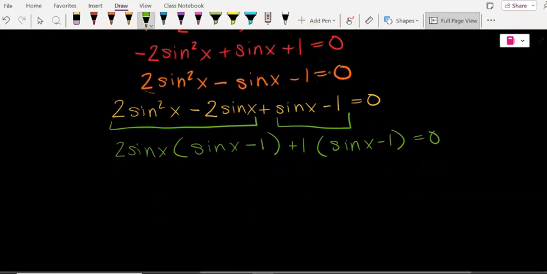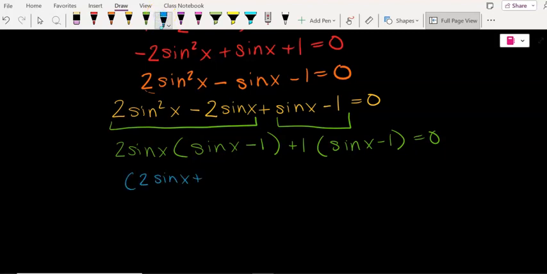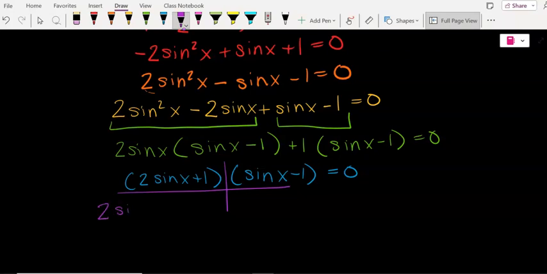So now I've factored by grouping, and I've got my factors as 2 sine x plus 1, and then sine x minus 1. And that's now equal to 0. And so then to finish and solve, I've just got to set each of these equal to 0 and figure out where those would be located.